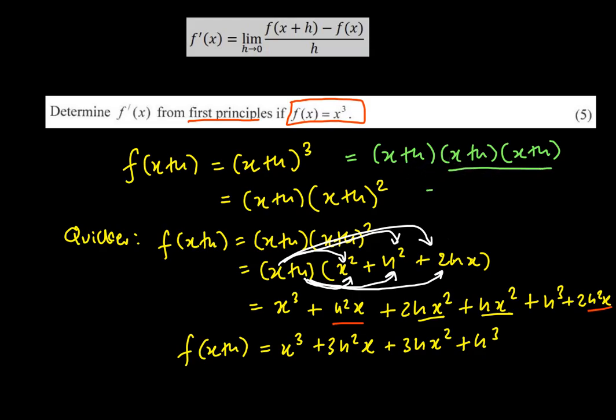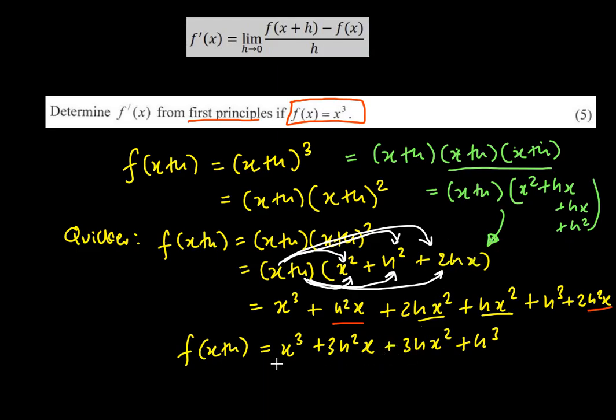Then they would have x plus h into, x times x is x squared, then x times h, it will be hx, remember we wanna write it like that, then h times x, that will be plus hx, and then plus h squared. So this is a bit of a longer method, but it will take you back here, then you continue.